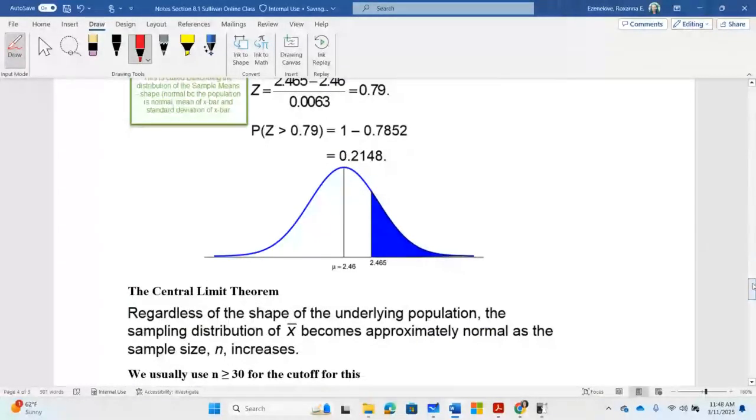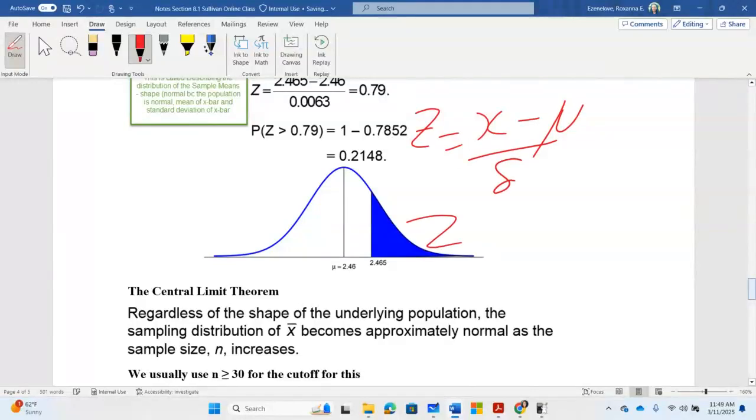The original data has a z-score of z equal to value minus mean over standard deviation. But for the central limit theorem, z is equal to x bar minus mu x bar, divided by the standard error. The value is x bar because the distribution is made of means.